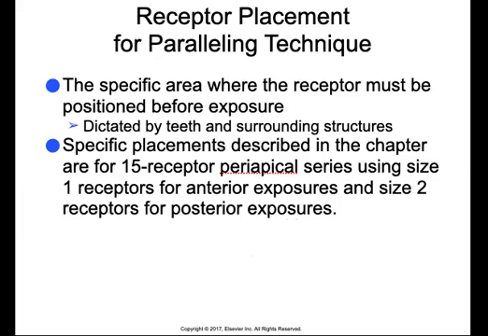So if any of you are getting confused while we're taking so many, in the book, it's because they're explaining this over a size 1 receptor for anterior exposures, which would require a bigger number of x-rays that need to be taken. So have the PID close to the patient so positioning of the ring will be quick. And then also remind the patient to hold still during exposure.